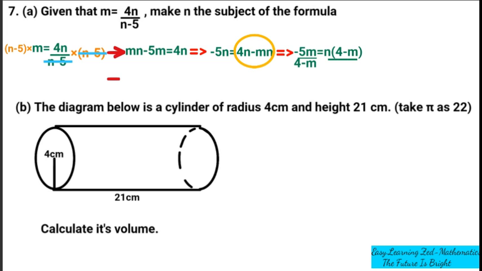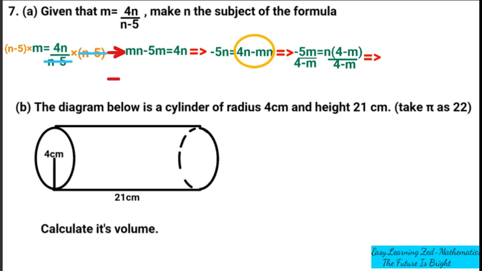So negative 5m and 4m are not like terms, so there is no number that can go into 5. That means 4 minus m cannot go into 5.